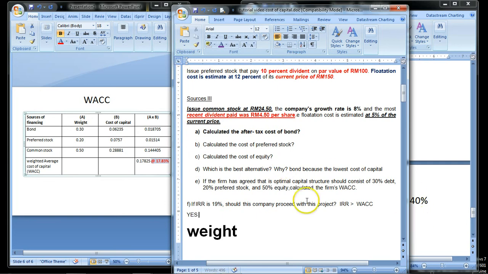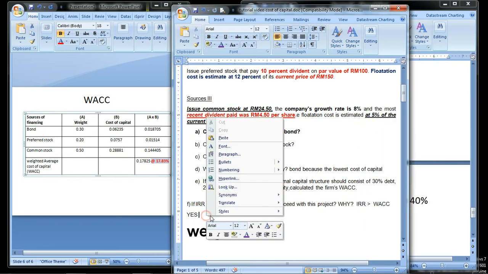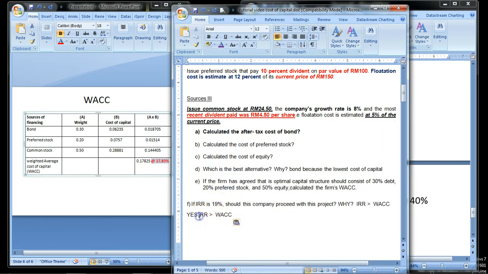Because why class? Because IRR is higher than WACC. The return is higher than the cost of capital that you need to pay. Clear? Because IRR is higher than WACC.